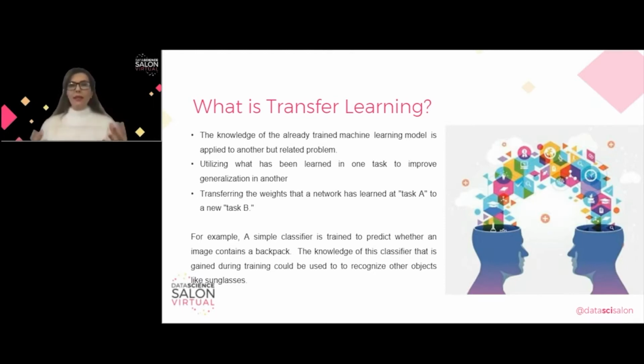Mainly what we mean by transferring is transferring the weights, because weights are the ones that are learned during the training and get updated at each iteration and help the model to learn from the data.